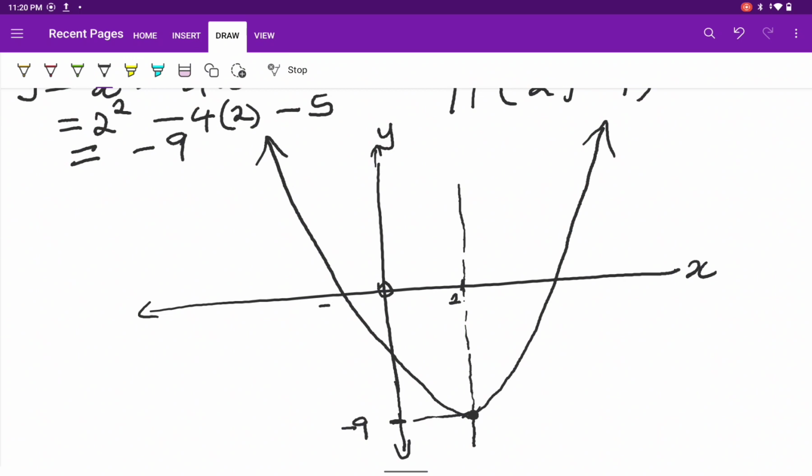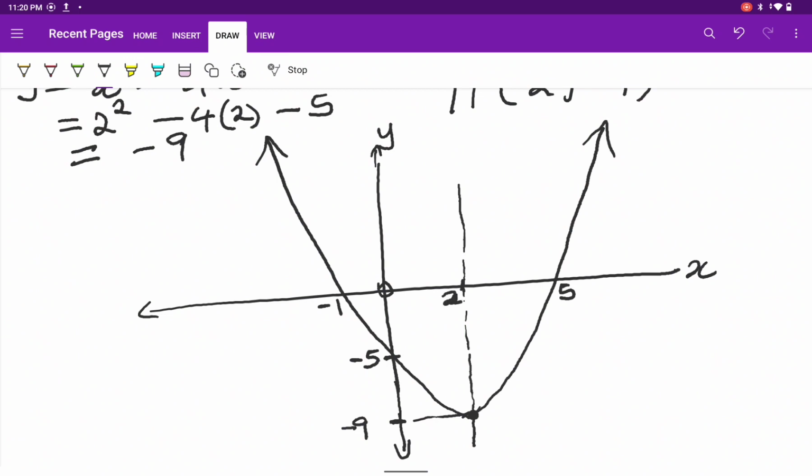So it's cutting at negative 1 and positive 5, and the y-intercept we also said is negative 5. So this is our parabola graph, and that's how we draw it. Remember, we said this is 2, right?